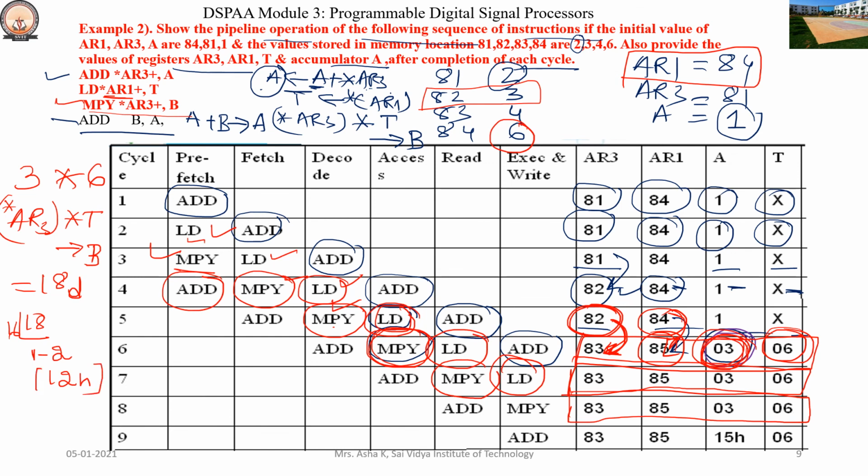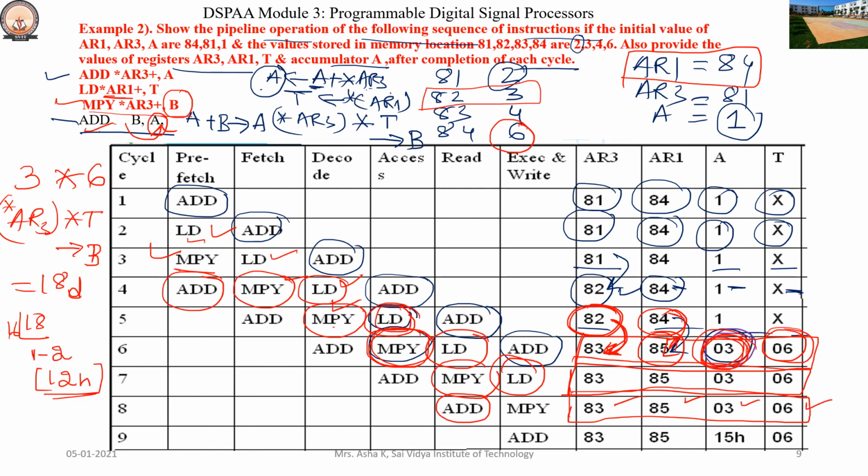For this value 12 hexadecimal, what we do here is add the content of the B register with the content of the accumulator and store the result in the accumulator. When the add instruction has come to the read phase, there are no changes in AR3, AR1, accumulator and temporary register.